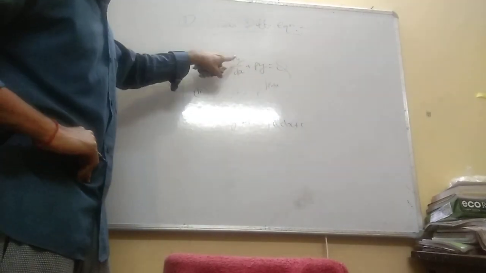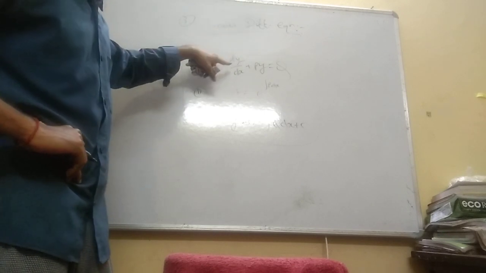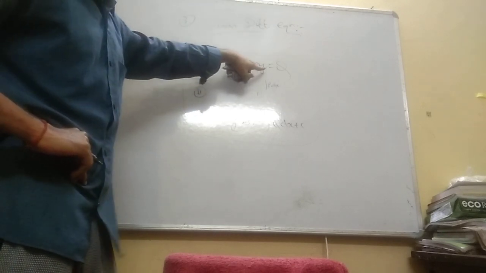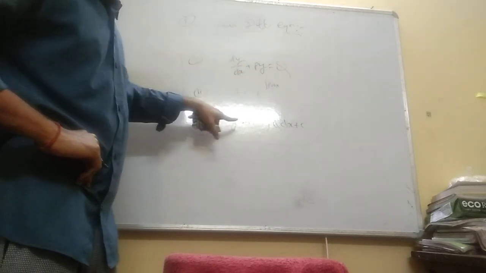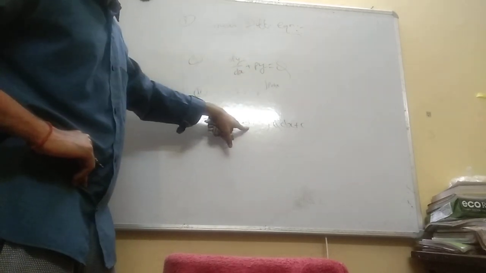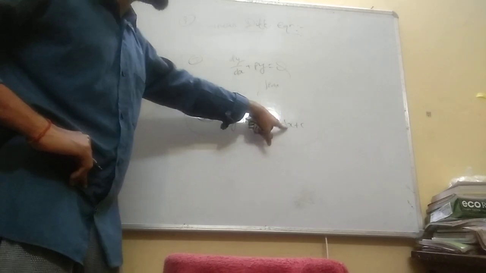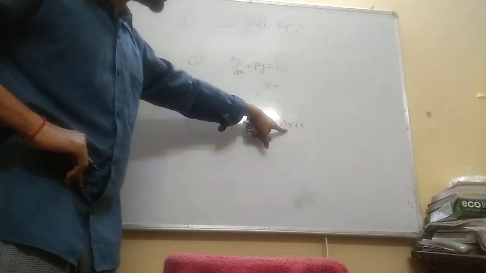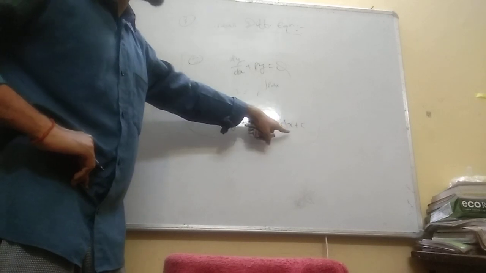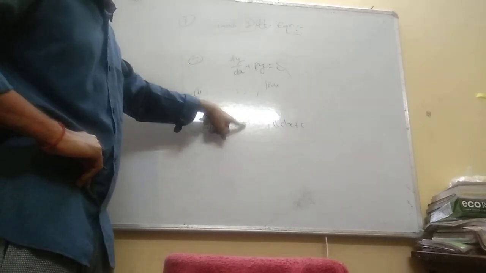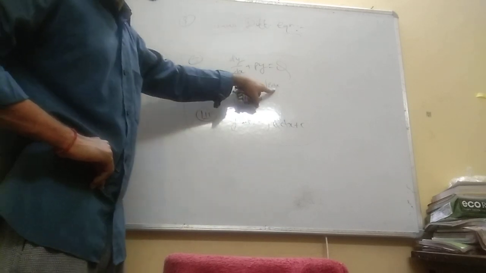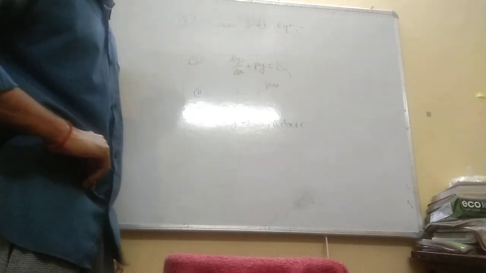If you are solving the second form, dx by dy plus Px is equal to Q, then we have to replace: x times the integrating factor is equal to the integral of Q times the integrating factor dy plus c. So with x you replace y, dx will be dy, and y will be x, and the integrating factor you get from P dy. So this is the method that we have to follow.